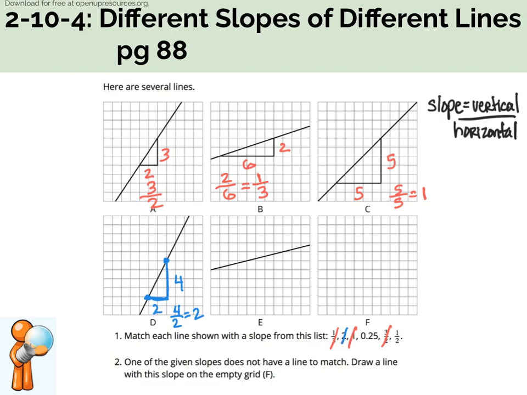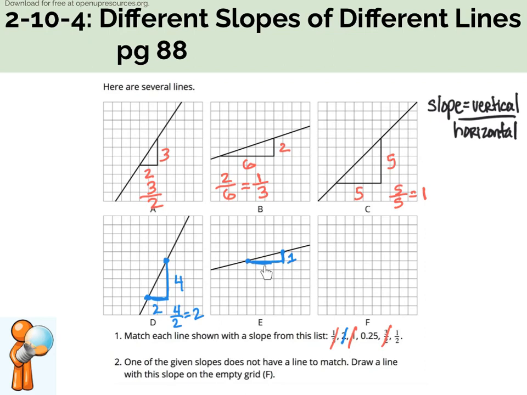Now let's look at E. For E, I need to make a slope triangle, and I'm going to make it like this. See how I picked points that are on the line, but also on the grid. One here and one there. How far is my vertical? That's 1. Now let's look at our horizontal.